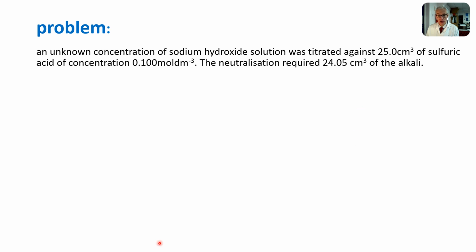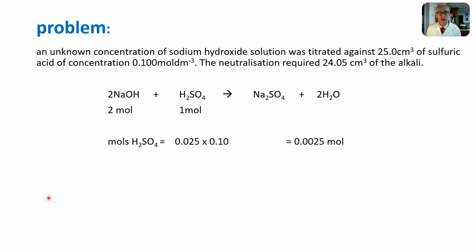Okay, so let's have a look at my model answer. Well, of course, the first thing is that we need a balanced chemical equation. I hope you've got that correct. 2 sodium hydroxides means it's a 2-to-1 mole ratio. We've got a volume of sulfuric acid, and we've got a concentration of sulfuric acid.